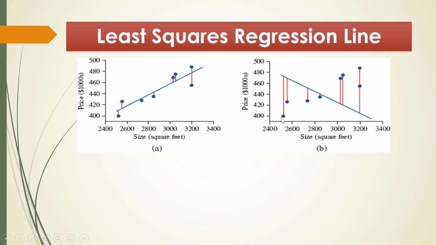And then we sum up the square of the distance. The reason why we have to square it is because the distance might be either positive or negative. So if we add up, the negative and the positive values might cancel out each other. So in order to compare the total of vertical distance, we have to square the differences and then add them up.